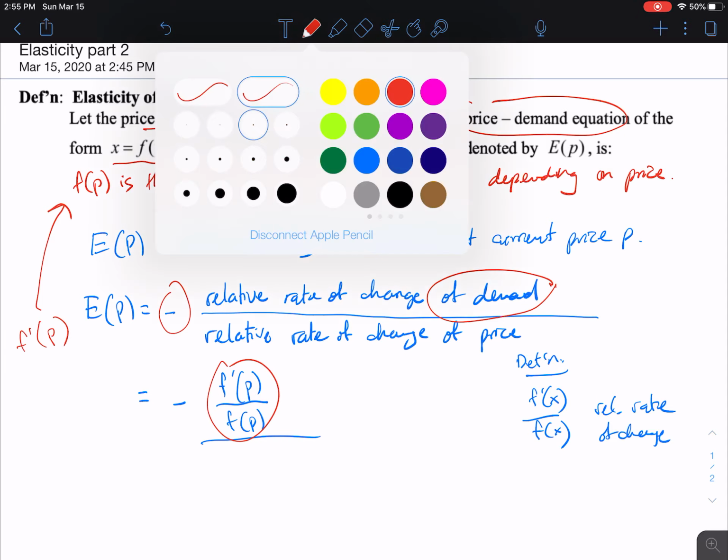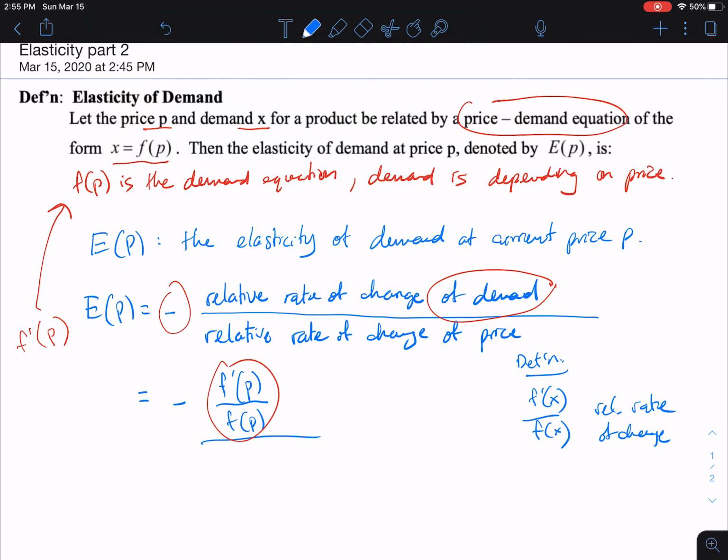Now in the denominator, we have the relative rate of change of the price. So what is the price function in this case? Price is just p. So the derivative of p on the top is just going to be 1, and then over the function value, which in this case is p, so it's going to be 1 over p.